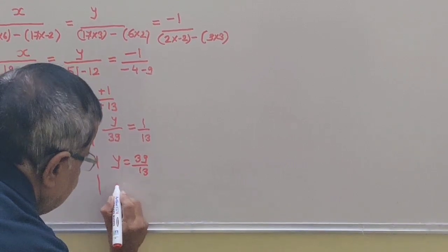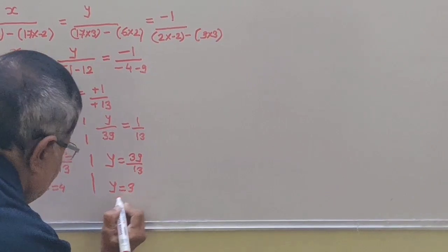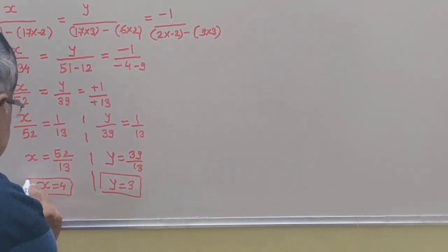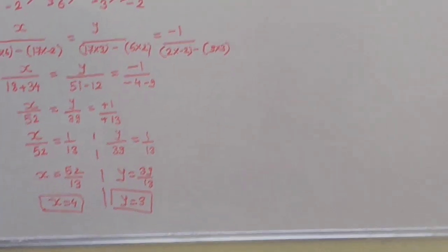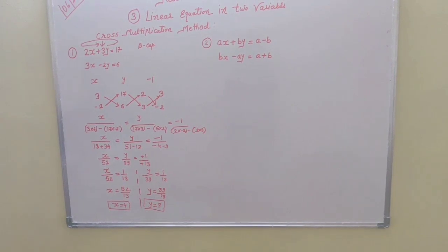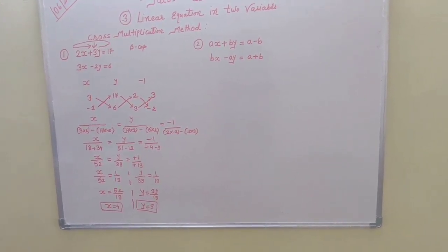So what I will get, y is equal to 3. These are the required values for the given simultaneous equations by the cross multiplication method. You can apply any method in examination, the answer remains the same. Now we will go to another problem.